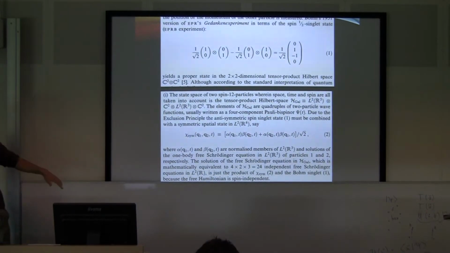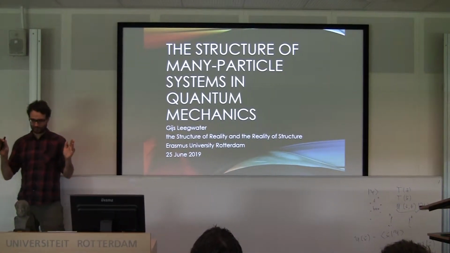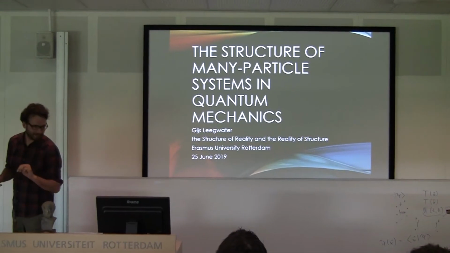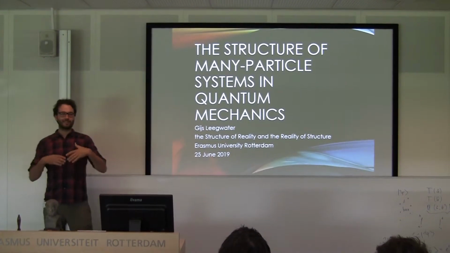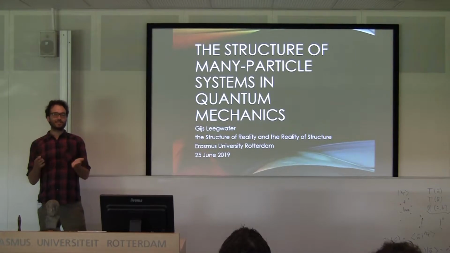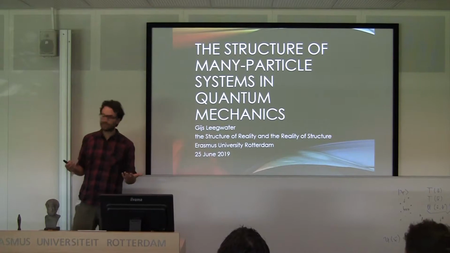So let me just first say this part is largely divided in three parts. First, I will talk about EPR and Bell states and how the quantum state of two electrons is usually represented and discussed in those contexts.